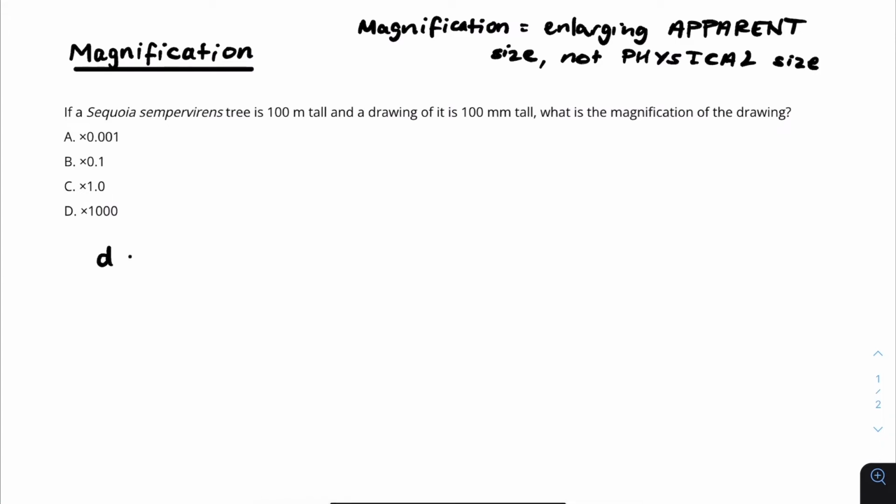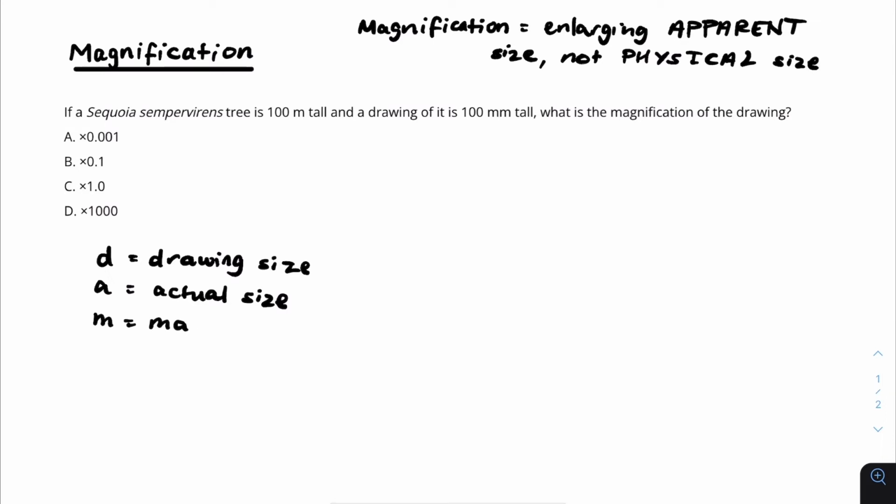So D is equal to drawing size, let's say. A is equal to actual size, and M is equal to magnification. Drawing size you might also see as image size. It doesn't really matter. The point is the equation remains the same.